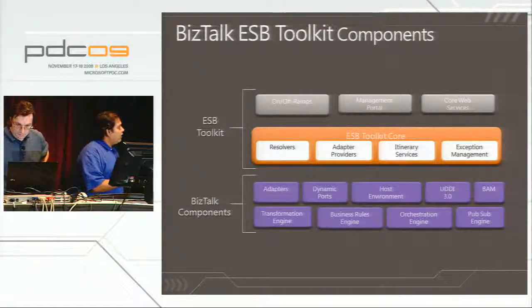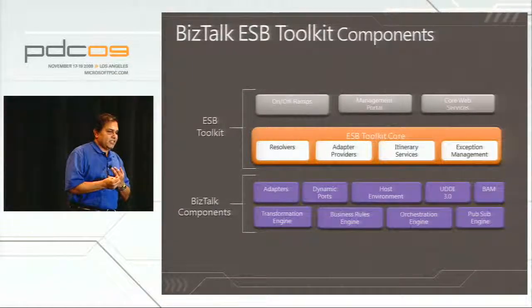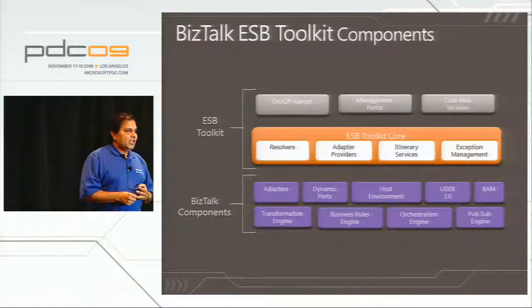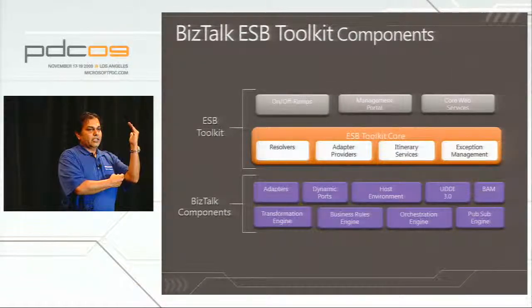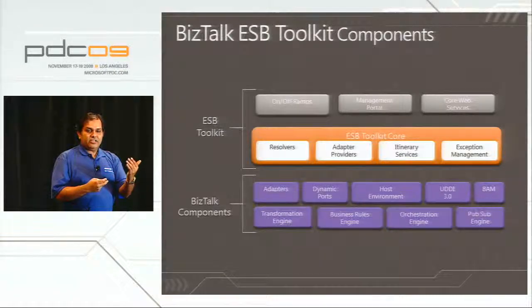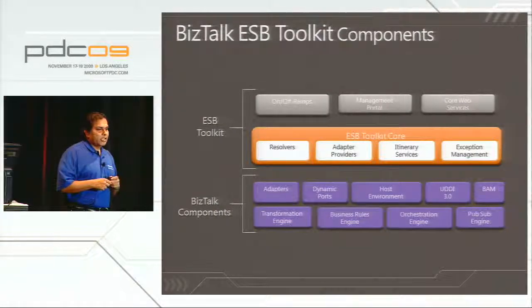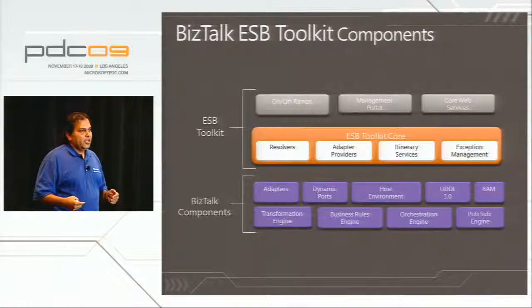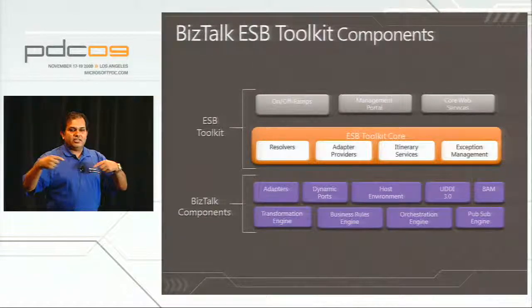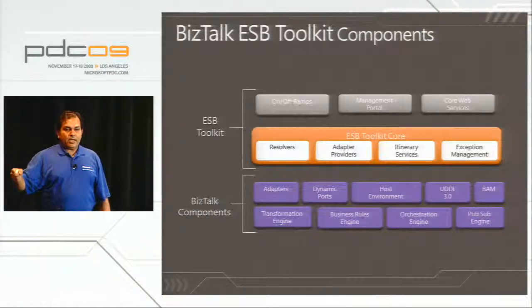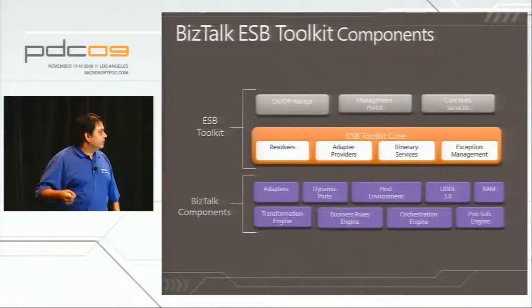The core is basically three things. Itinerary service is one of the core components in ESB Toolkit that acts on the message. It acts on the itinerary itself. The itinerary contains the instructions on how to process the message, and the service acts on those steps. Resolver is the mechanism by which the itinerary service collects all the configuration environment that it needs to process the message, things like which transform map to use, and we are going to show you a demo of this.